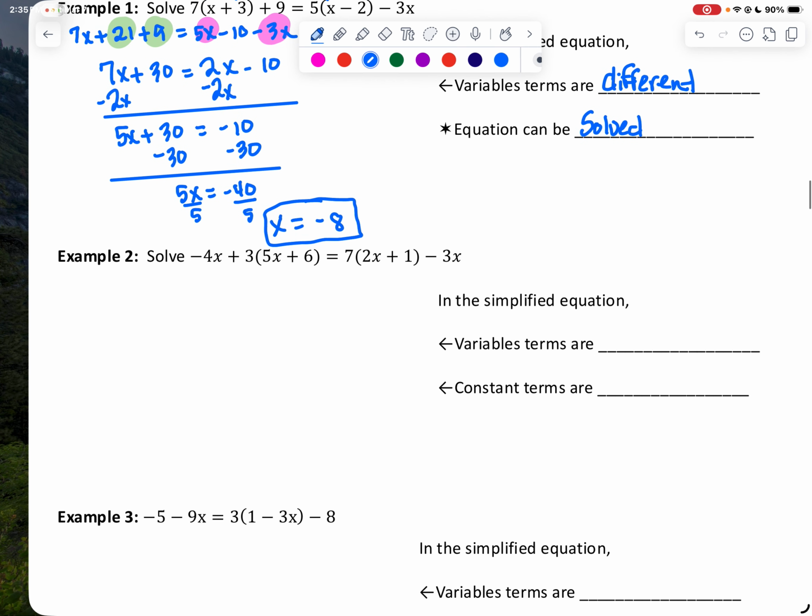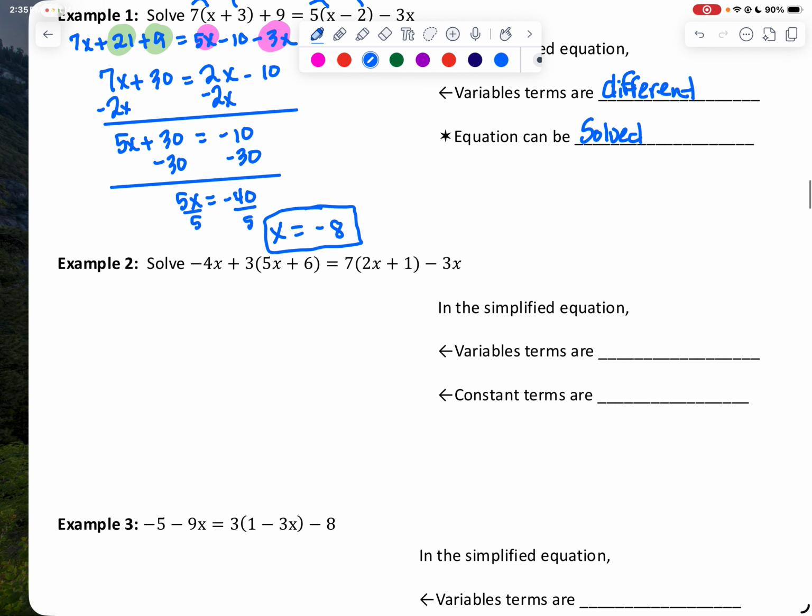All right, example 2. It says solve negative 4x plus 3 times the quantity 5x plus 6 is equal to 7 times the quantity 2x plus 1 minus 3x. So let's begin by finding our simplified equation. So drop the negative 4x down, distribute the 3.